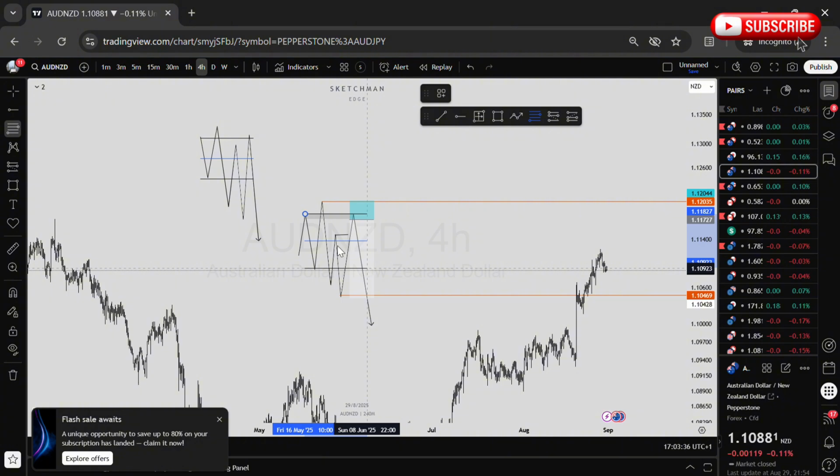Once you mark that out, you look at your internal range liquidity. If your internal range liquidity is within the 50% or above the 50% range of the high and low, this is a very, very good and perfect sell setup for you. And I'm going to show you guys examples on the charts. Let's get right into that.